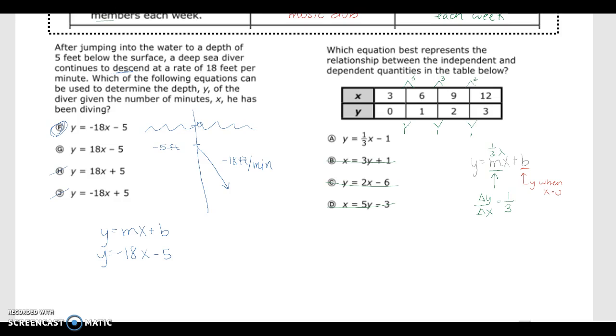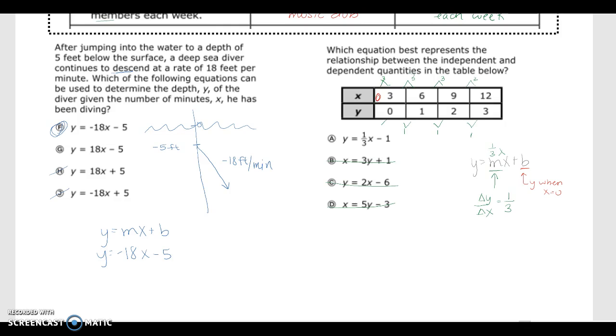So if I were to add a 0 in right here, how would I get from 3 to 0? Would I do 3 minus 3 is 0? Yes. So if there's a change up here of 3, what is the change down here? The change in y. If there's a change here of 3, there's a change of 1 here.